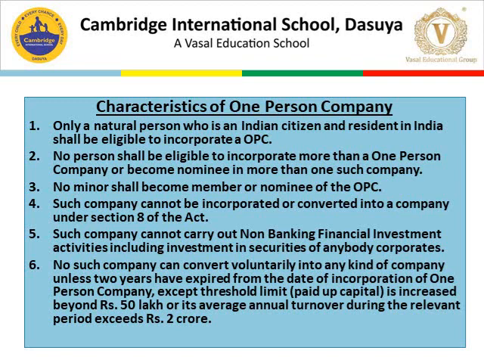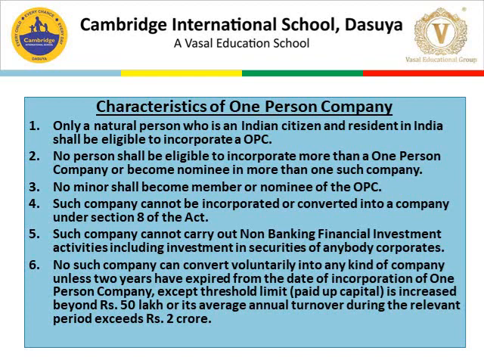Now the last point, number six: such a company cannot convert voluntarily into any kind of company unless 2 years have expired from the date of its incorporation, except if the threshold limit is increased beyond 50 lakh or its average annual turnover during the relevant period exceeds rupees 2 crore.